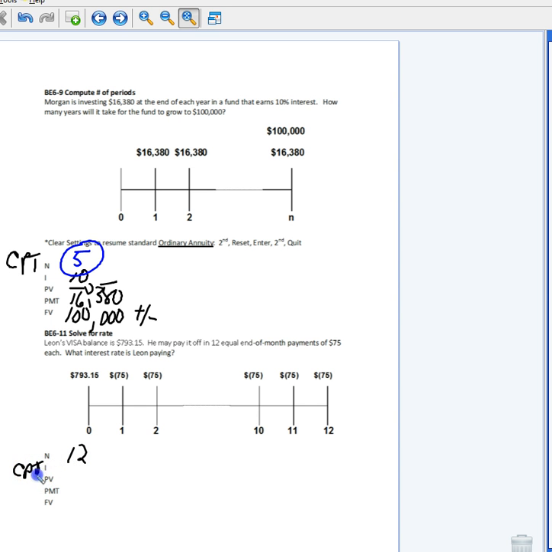Present value is $793.15. Payments are $75. The N, I'll make that a plus minus, and there's no lump sum in the future. Key those in, and you should get an interest rate of 2%.